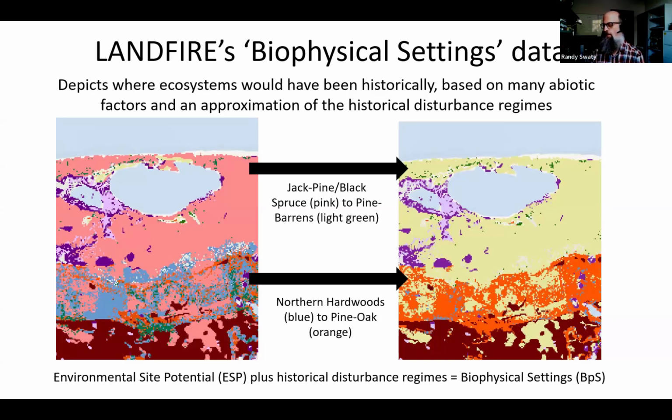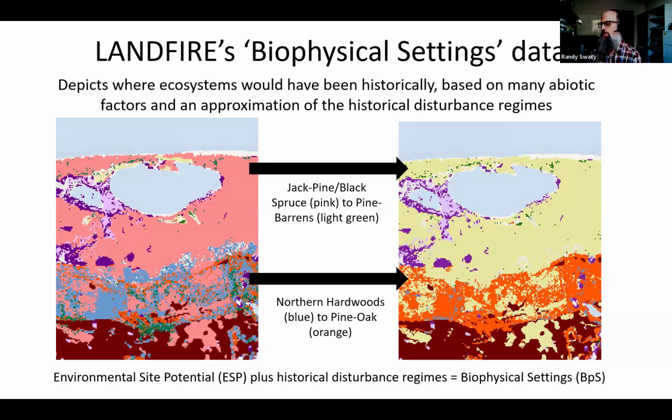Then what LANDFIRE did is, I'll use the word adjust or calibrated the environmental site potential based on outputs from our biophysical settings models. Also, there's a refinement in the legend. So I'll go through a couple examples. In the bottom of the 2 maps, on the environmental site potential map on the left, the sky blue would be northern hardwoods. Again, that set of mesophytic trees I mentioned earlier that's not known as being fire adapted.